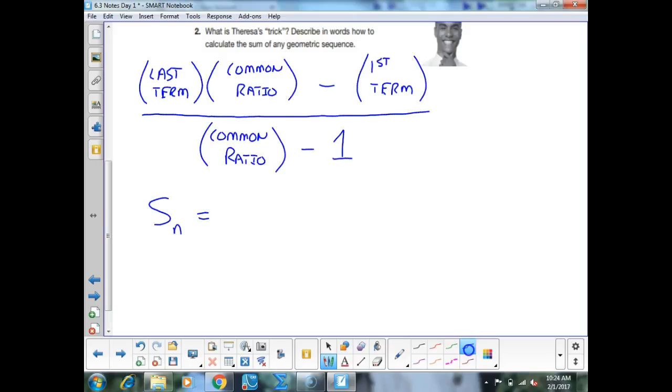G sub n times the common ratio. What's our letter for common ratio? R, minus, how do we say first term? G sub 1, over the common ratio again, R minus 1.